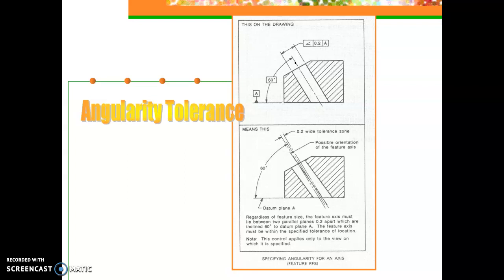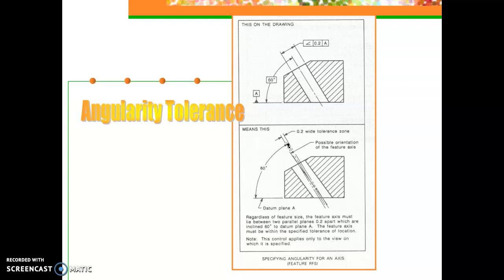So we're not necessarily worried about the angle being within like 59 to 61 degrees, but instead we're looking at a tolerance zone. Because of the geometric tolerance being specified as an angularity at 0.2 with respect to datum A, that means there is this imaginary zone that for the axis of this hole would be essentially cylinder shaped.